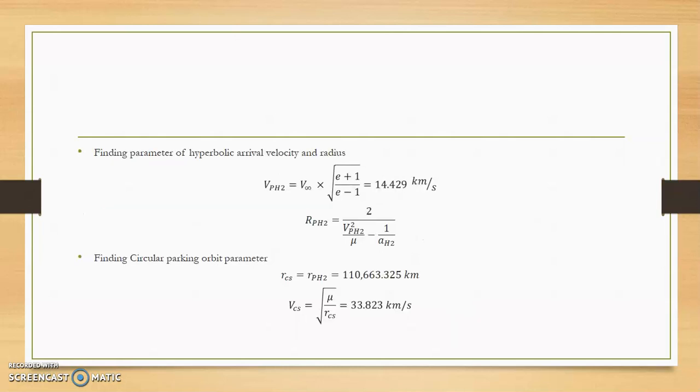Then we can find the parameters of hyperbolic arrival velocity and radius as shown below, and we find the circular parking orbit parameters RCS, which equals RPH2, and VCS.